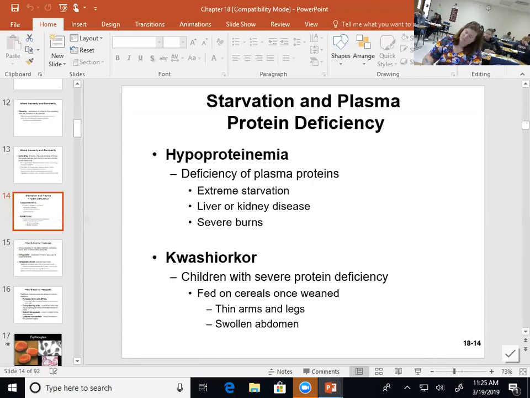So this is going to end up causing, you'll see these little kids, and I say little kids because they always show the children in famine areas that are starving, but they have these swollen bellies, don't they? They're emaciated because they're using proteins, their muscles, for energy. They don't have glycogen because they don't have any meals. So they've lost their glycogen reserves.